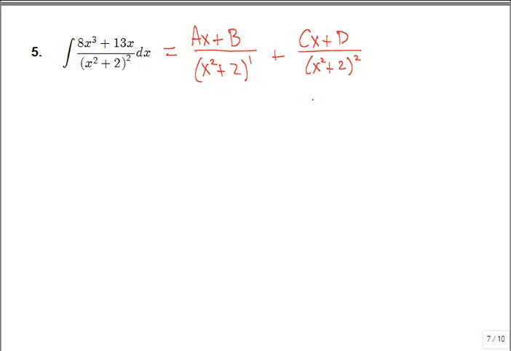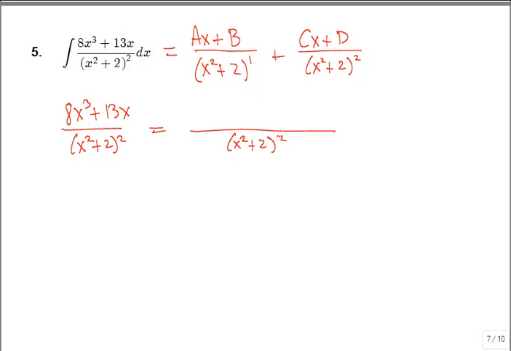What I want to do now is equate the two fractions. So we've got 8x cubed plus 13x over x squared plus 2 squared. If I get a common denominator down here, which would be the x squared plus 2 squared, these two denominators should be equal.